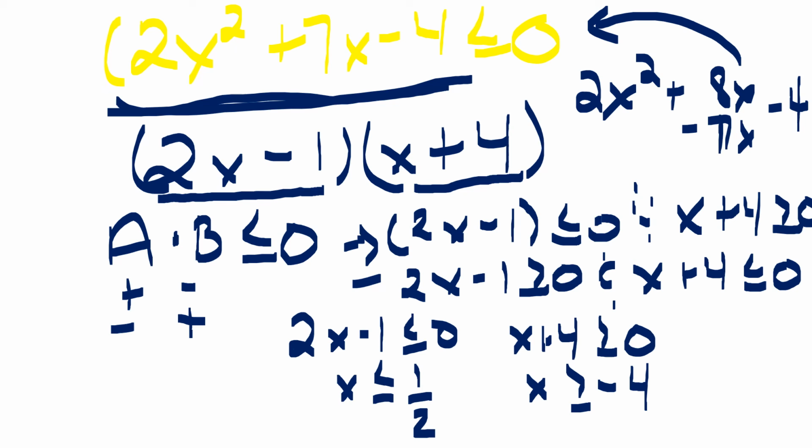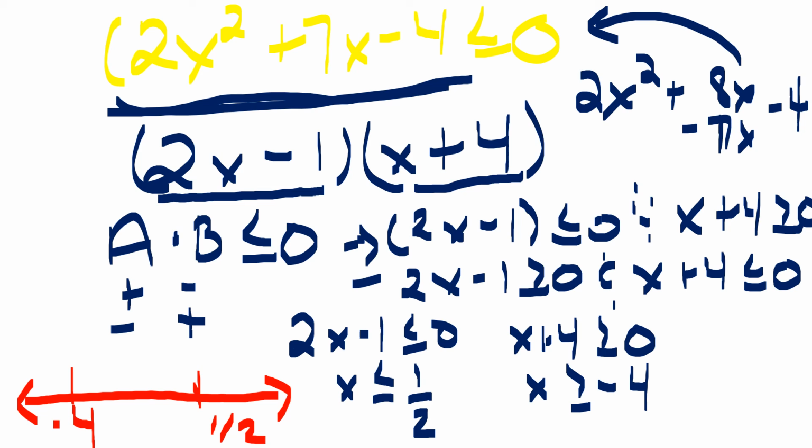So let's look at it on a number line. So you have -4 and you have 1/2. So which one would work the best? Can you have an x that's less than 1/2 but greater than -4?